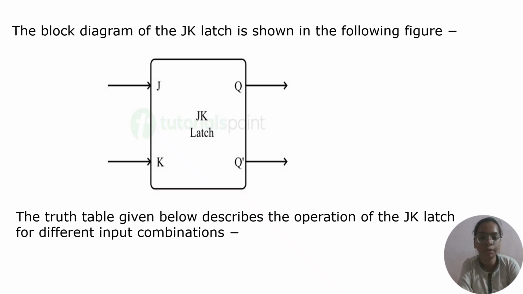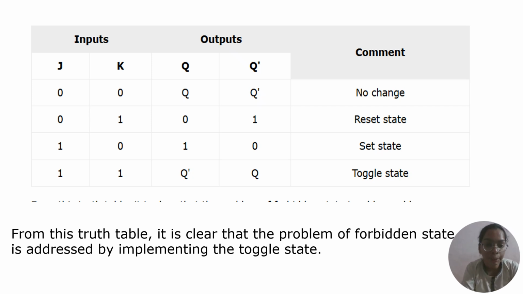The block diagram of the JK latch is shown in the following figure. The truth table given below describes the operation of the JK latch for different input combinations. If both the inputs are high, then the output state is known as the toggle state. When both the inputs are low, there is no change in state.